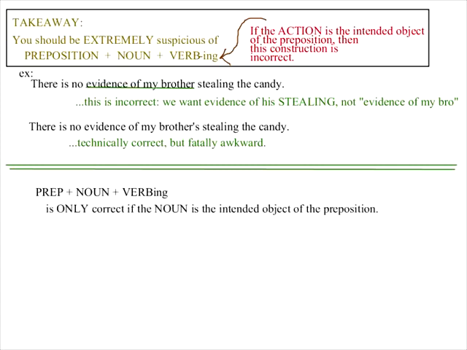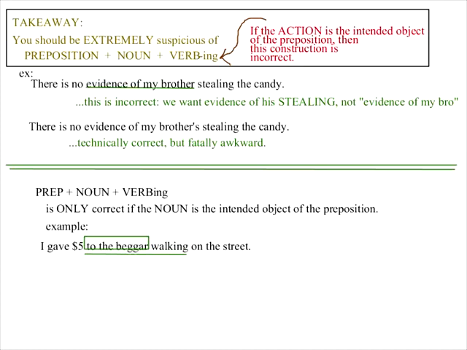Okay, here's an example of this. I gave $5 to the beggar walking on the street. In this case, this actually works because this really is to the beggar.